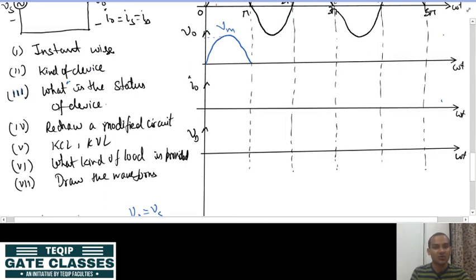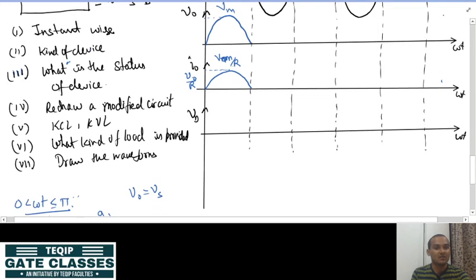So, if you draw the load current, it will also be a sinusoidal wave. The only thing that can change is the peak value, it can either scale up or scale down, and its value is Vm by R, peak value. But in terms of the sinusoidal nature, it will be V naught by R, where V naught is the instantaneous value, and then we draw the waveforms based on this.